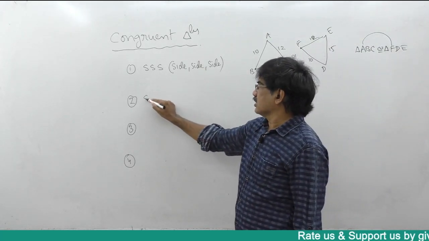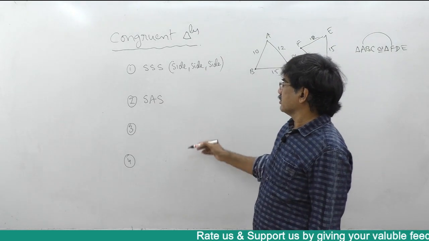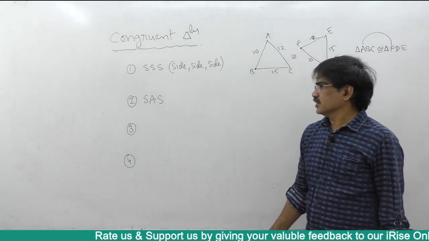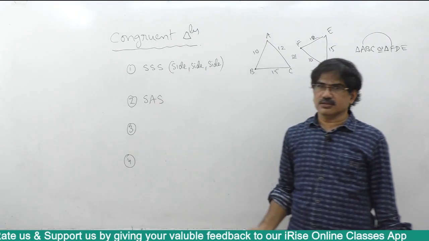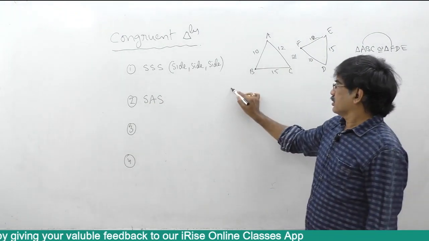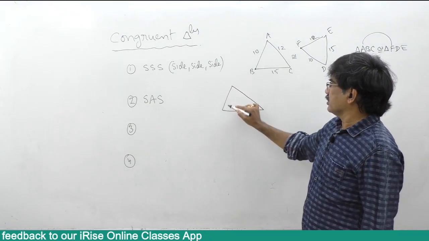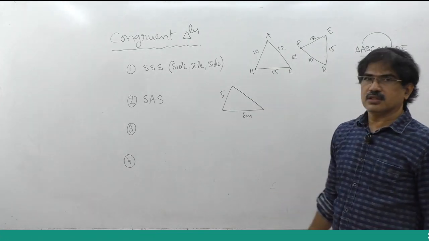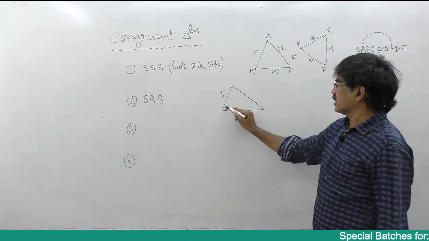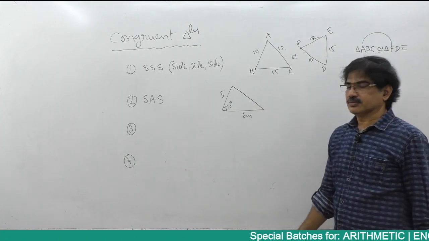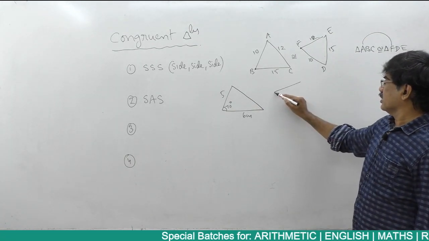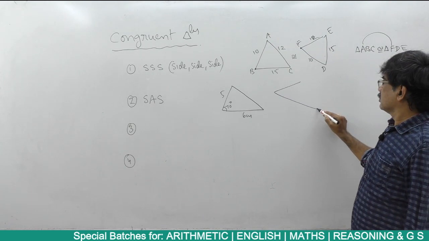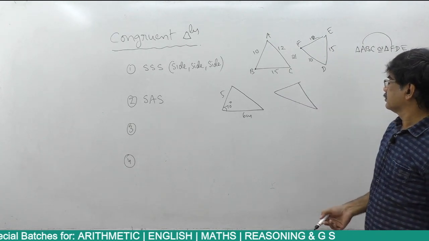The second one is nothing but SAS property. Side, angle, side. This is a triangle ABC. This is 5 centimeters, this is 6 centimeters. Let the angle between these two be 70 degrees. There is one more triangle like this.